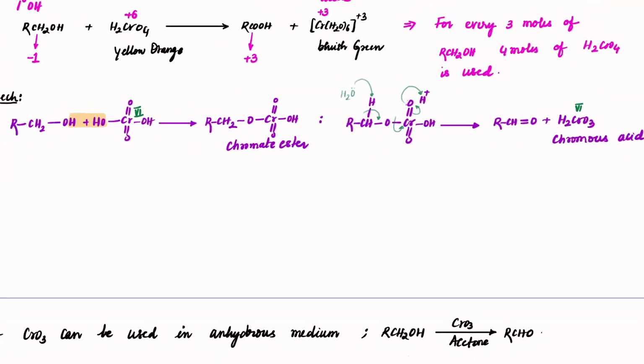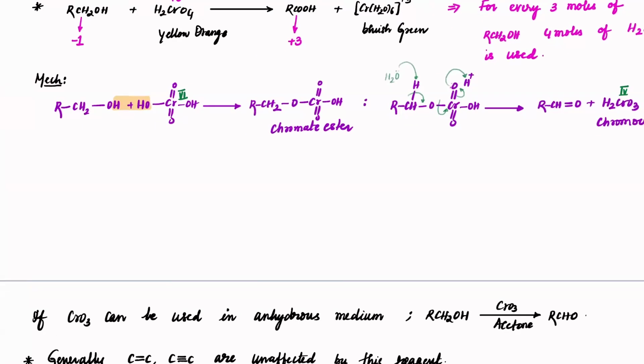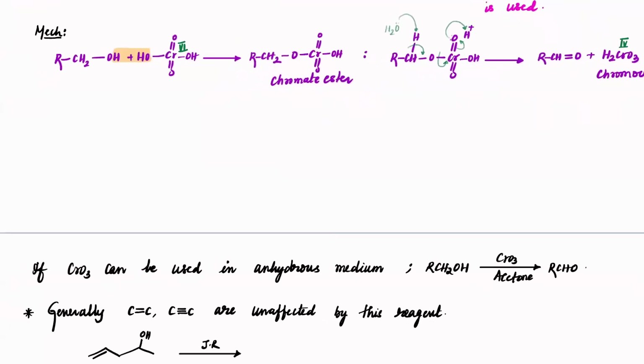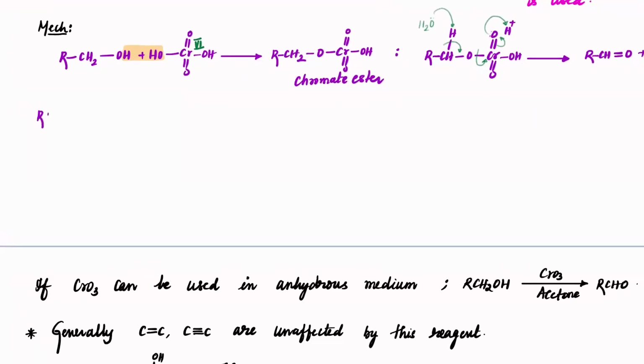Okay, and then once you get an aldehyde here, notice that along with the +6 oxidation state, even if the chromium is at +4 oxidation state, that can also be used as an oxidizing source to convert into this radical form RCH2O dot, and Cr will convert into +3.